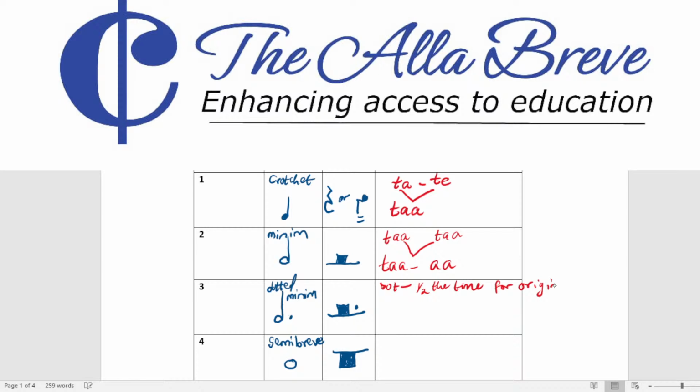This simply means we'll be having ta, ta for the minim alone, then another ta for the dot. So the three are now combined together to form ta.